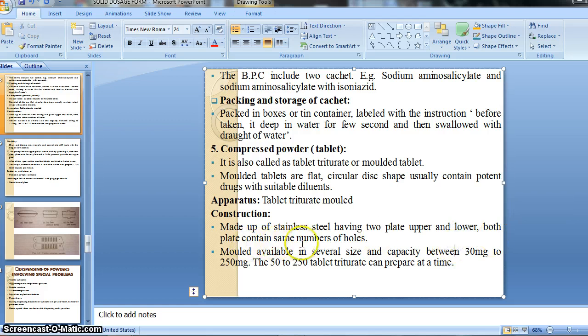Both plates contain the same number of holes.